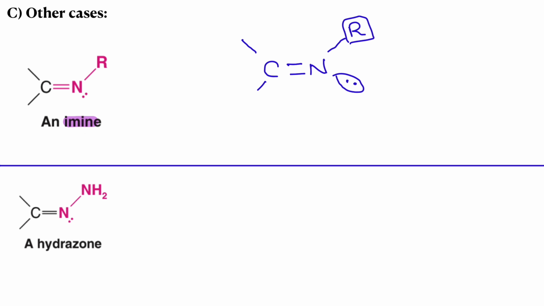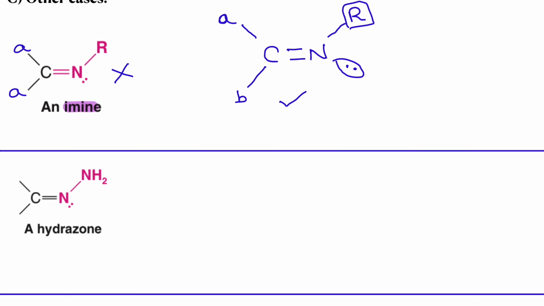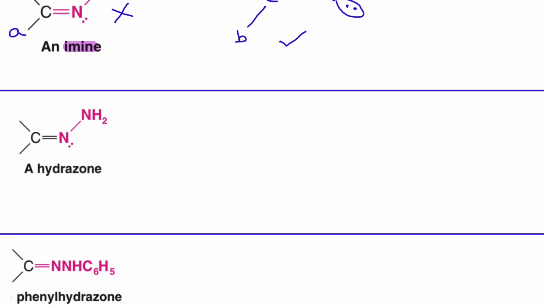And here if the two groups are different, then geometrical isomerism is possible. If the two groups are the same, in that situation geometrical isomerism is not possible. Same thing, you need not remember the names at this point of time. However, all these structures you will get to know in one chapter called carbonyl compounds, and this is a hydrazone.